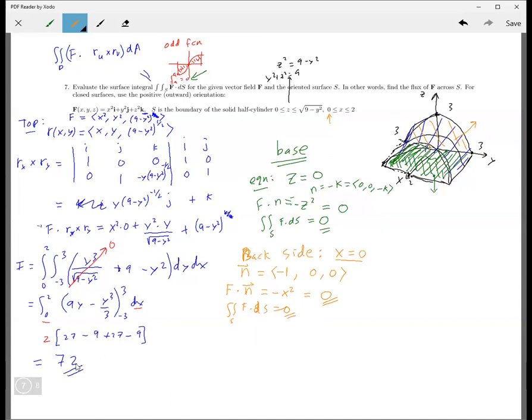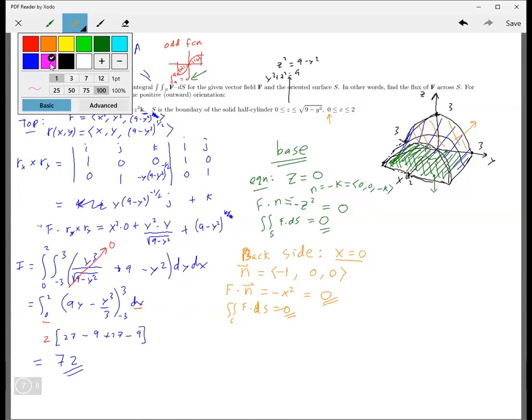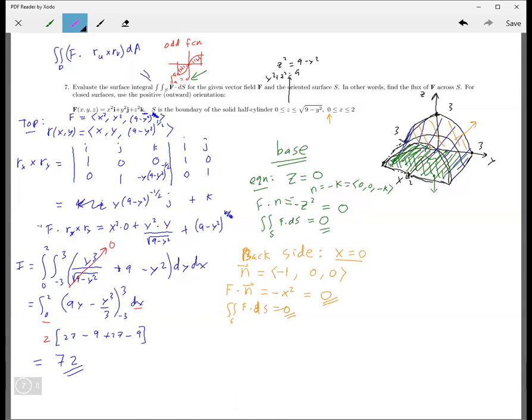Okay, so we have 72 plus 0 plus 0. And we just have this front part, right? The front side.